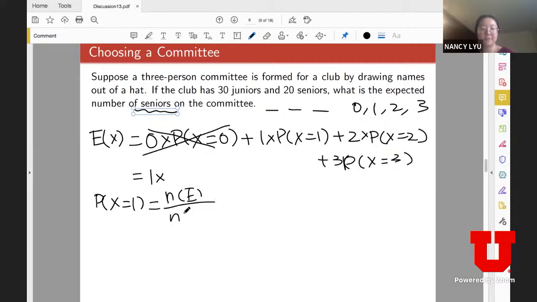What is going to be the sample space in this case? We just want to choose a random 3 people out of the 30 plus 20, which is 50 people. That's just going to be 50 choose 3. And what about the events here?